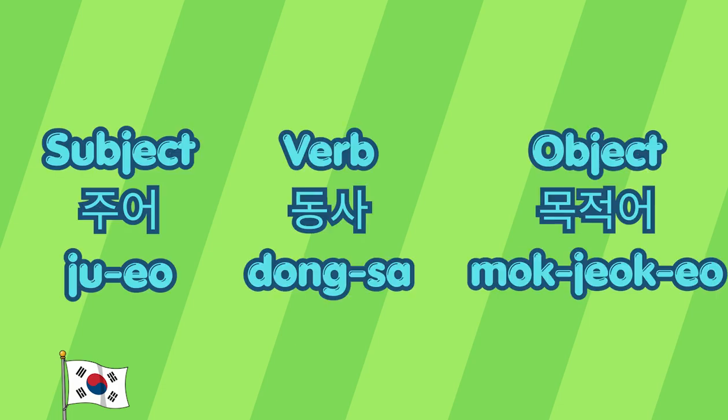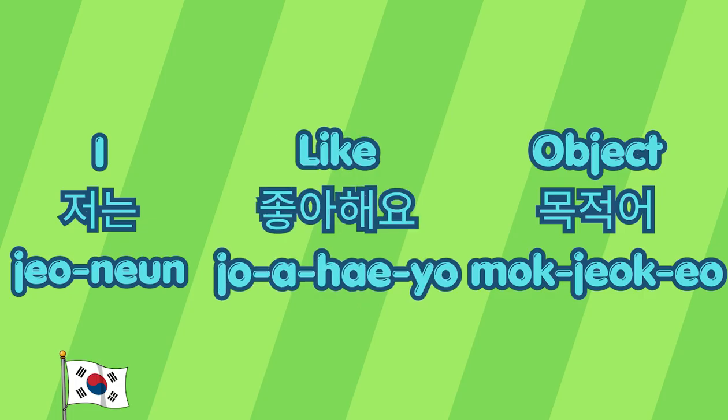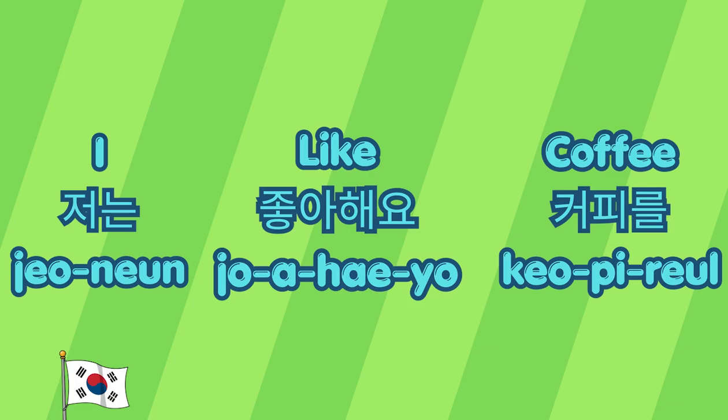If you ever learned another language before, you'll know that not every language builds sentences in the same way. In English, our sentences usually follow a simple pattern: subject, verb, object. For example, I like coffee. Here, I is the subject, like is the verb, coffee is the object.